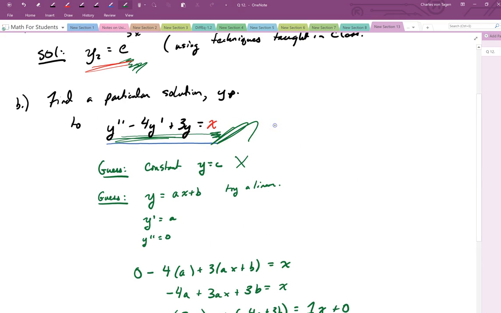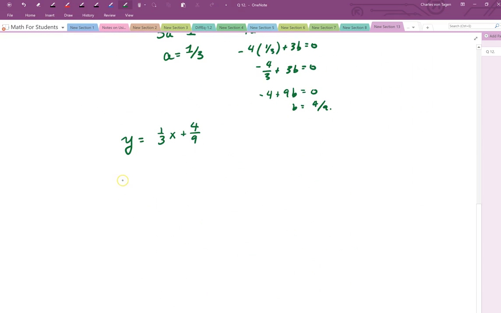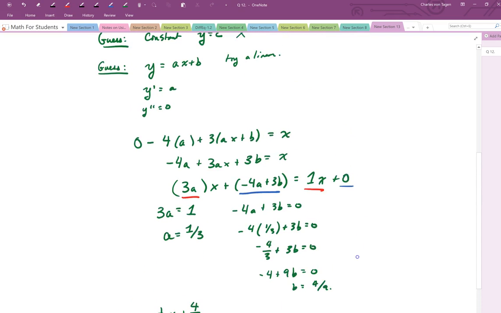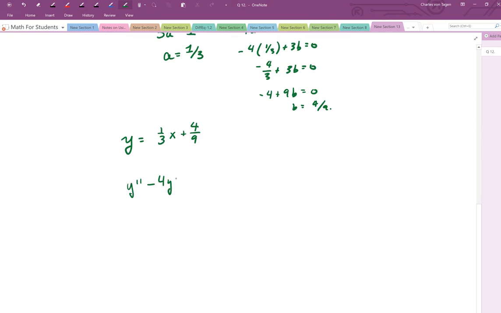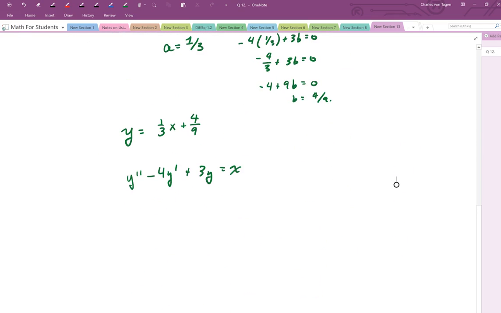to the non-homogeneous ODE. So let's just check that. The non-homogeneous ODE was y double prime minus 4y prime plus 3y. We're checking to see if this equals x for this particular solution.